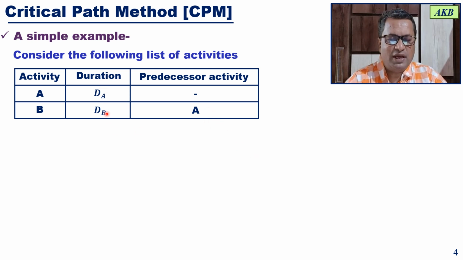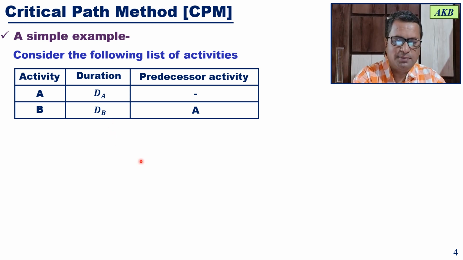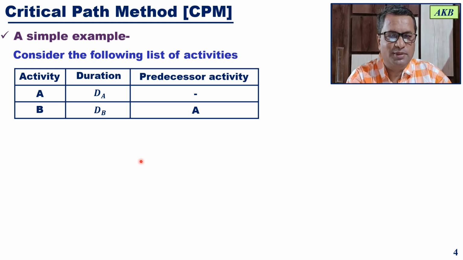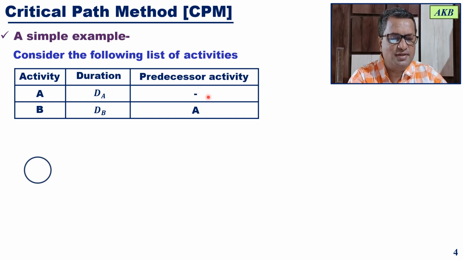Okay, so you have a list of project activities. Now let us draw the network diagram. For this simple example, the network diagram will be simple. First, since activity A has no predecessor activity, it will be the starting activity.